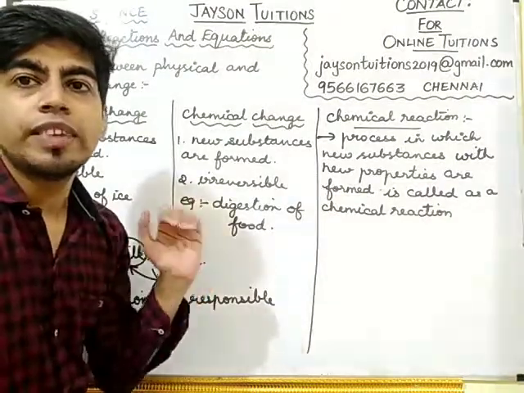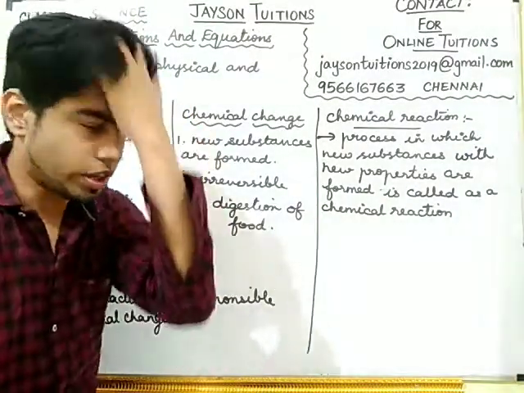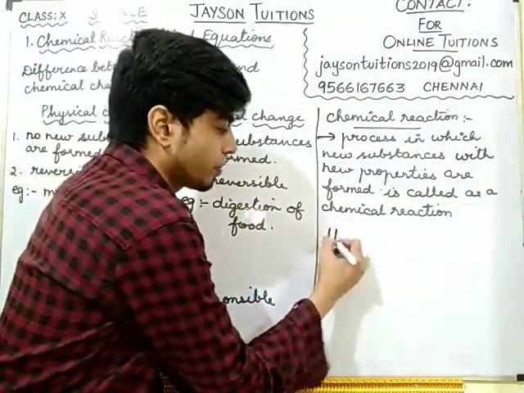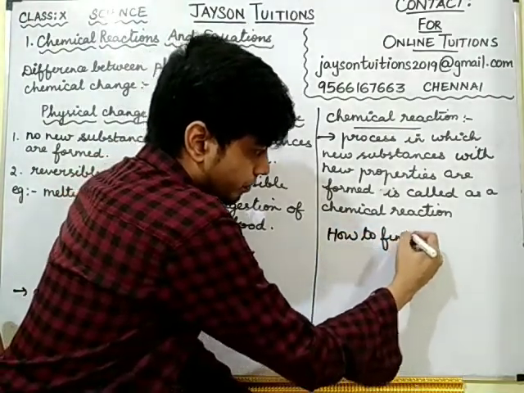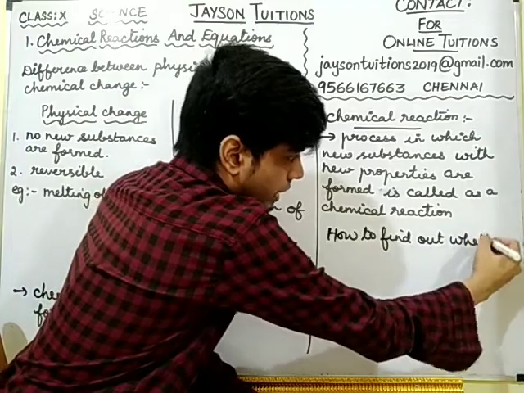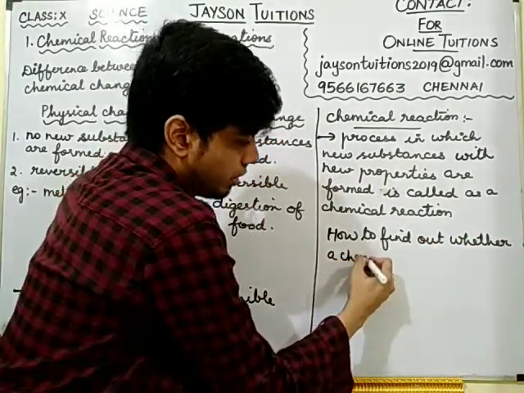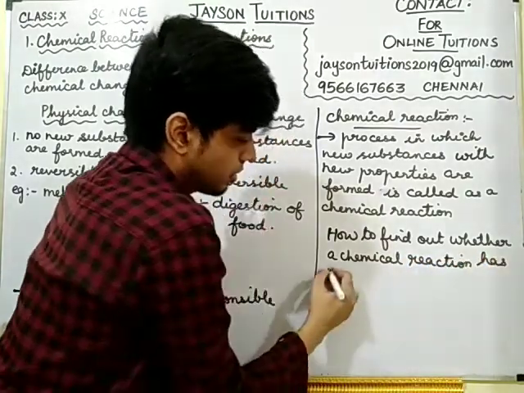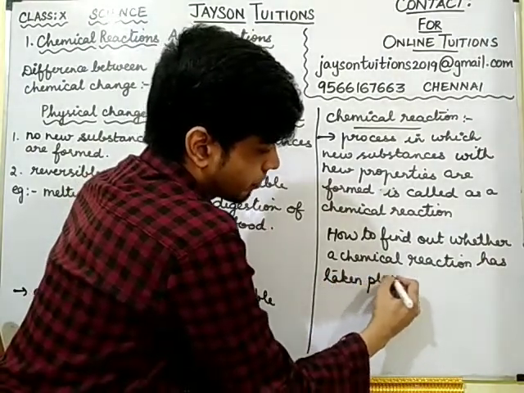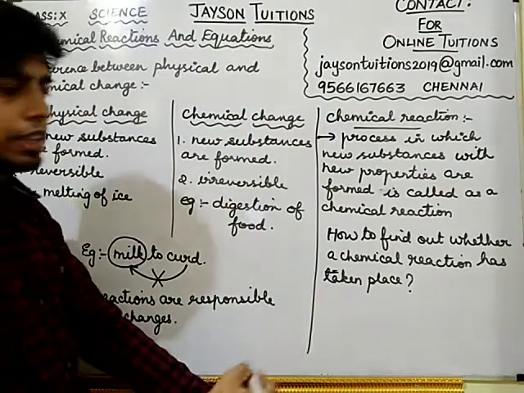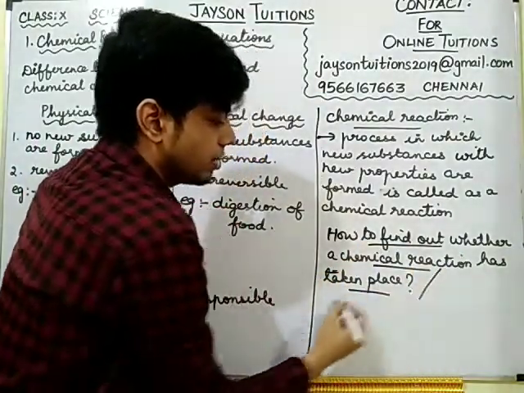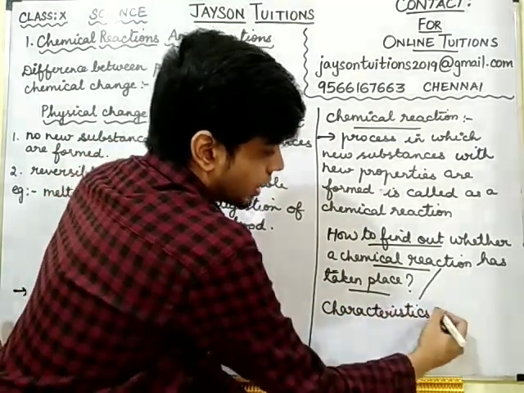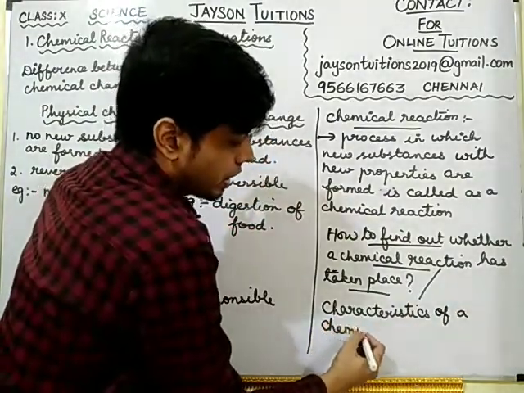How can we find out whether a chemical reaction has taken place? Or we can say, what are the characteristics of a chemical reaction?